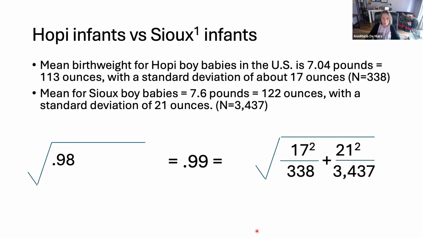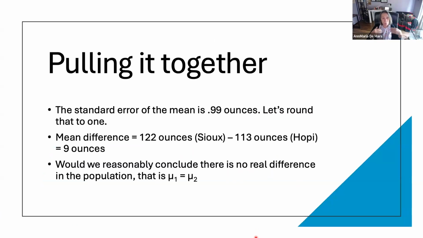Pulling all that together, the standard error of the difference is 0.99 ounces. So let's round that to 1. The mean difference is 122 ounces minus 113 ounces equals 9 ounces. Would we reasonably conclude there's no real difference in the population? That is, the mean of one group equals the mean of the other group.